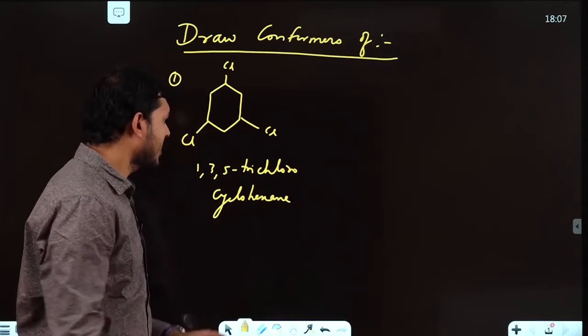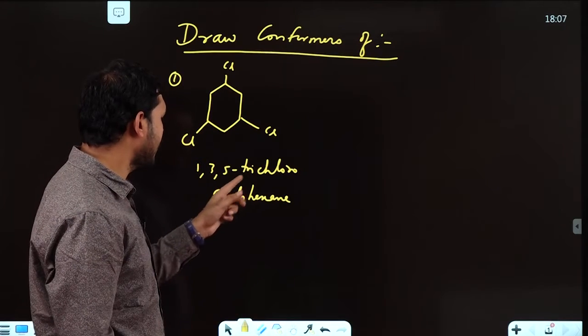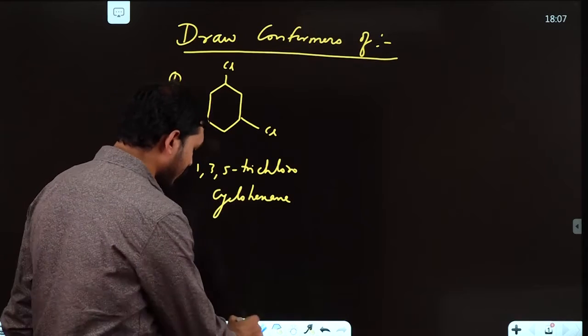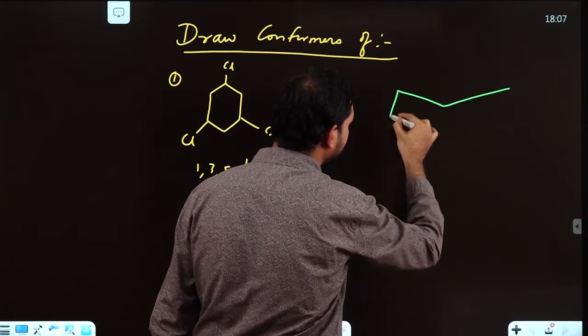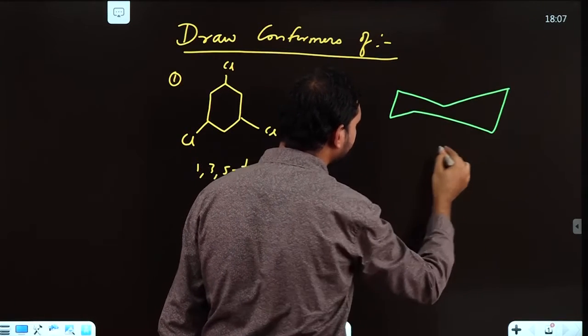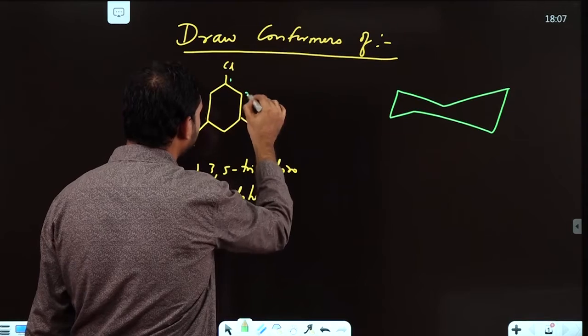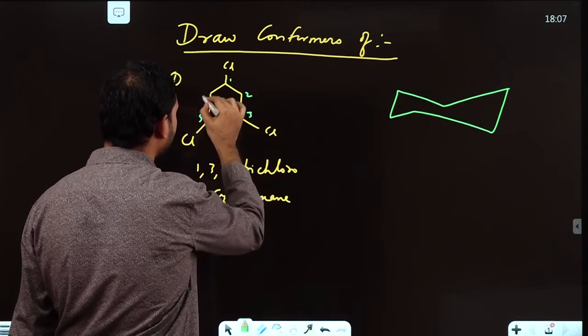Okay, so if you are asked to draw 1, 3, 5 trichlorocyclohexane, let's see. One, two, three, four, five, six.